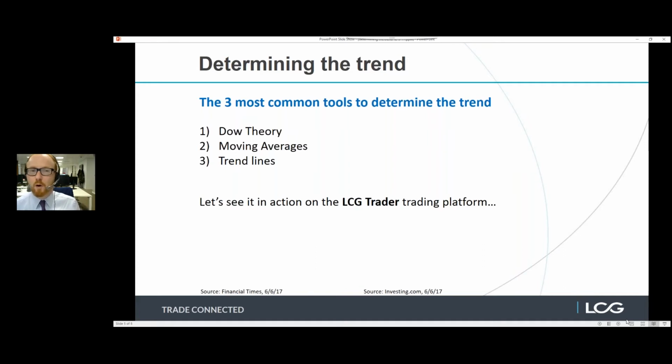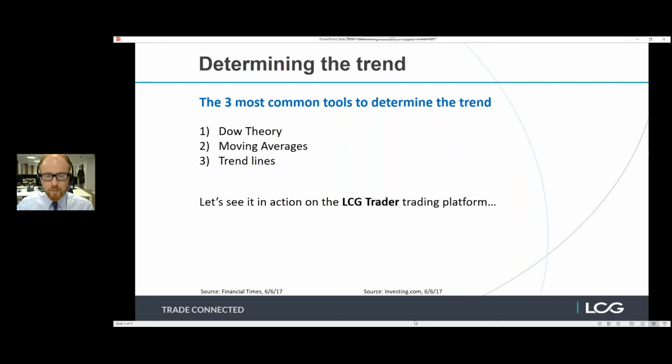If you incorporate moving averages as well, maybe it edges up to 58. Moving up to trend lines, maybe it's 60, 62, 65%. The odds have slightly shifted in your favor. So that's all this is: adding a few tools just to make it slightly more likely that you call the right direction. You're never going to call the right direction the whole time, but a few things put together can work.